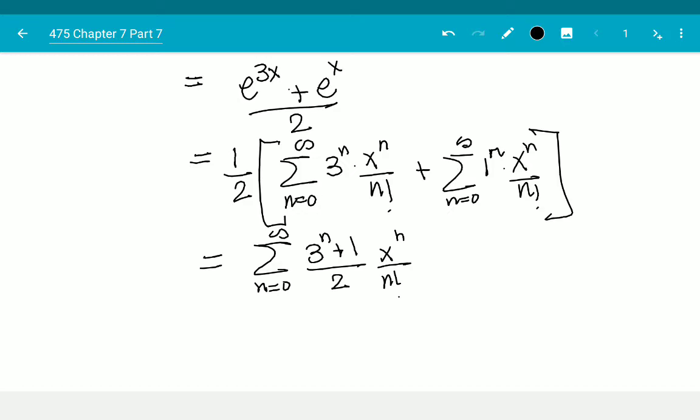And that means that if this is my general exponential generating function, then whatever I have here should be my hn. Therefore, hn is equal to 3 to the n plus 1 over 2.